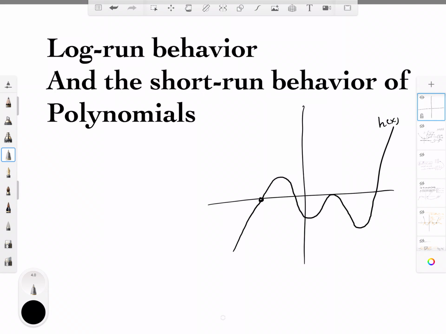This is negative 2. This is negative 1. This is 1. This is 2. And this is negative 1. And we have 3. So we have a polynomial graph. So h of x is a polynomial.